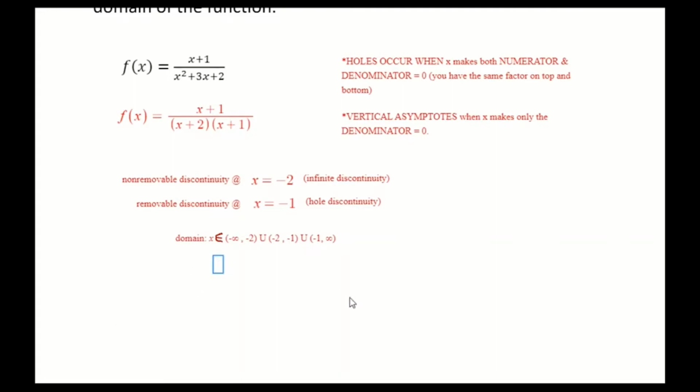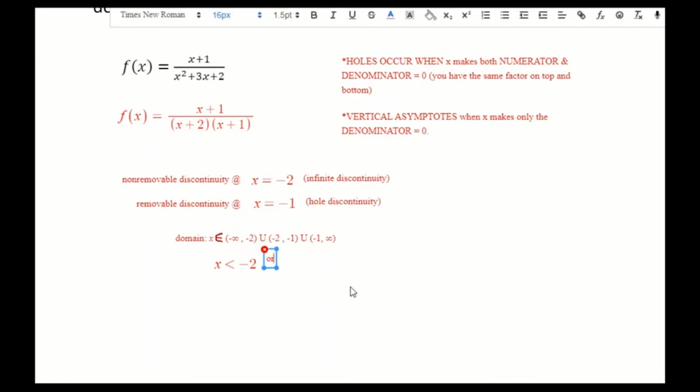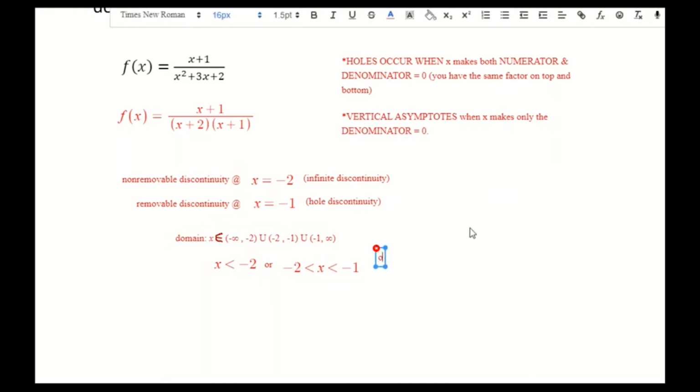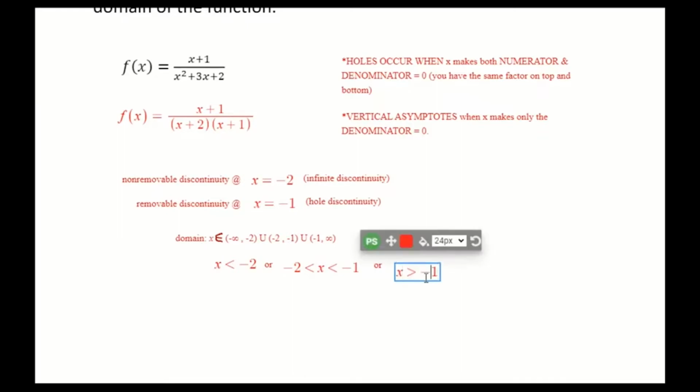You could say that x is less than -2, or x is in between -2 and -1, or, hopefully you kind of see why I prefer the set notation, or x is greater than -1. So a little bit more tedious in terms of writing the whole thing out.